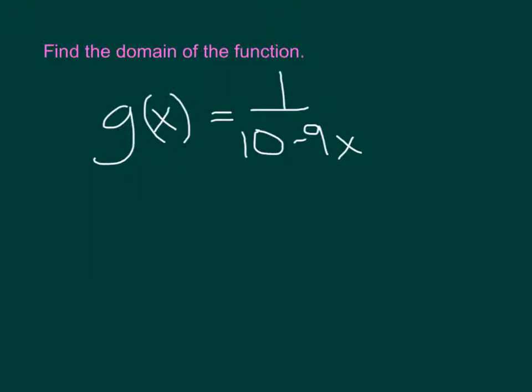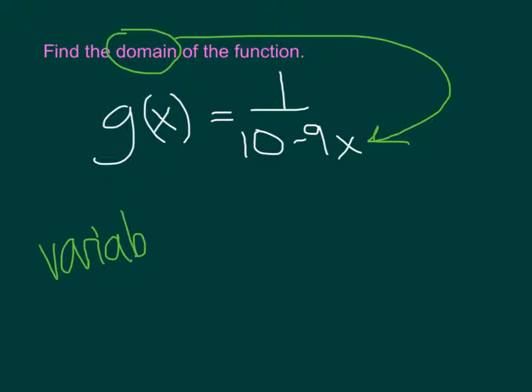And in our fourth example, g of x equals 1 over 10 minus 9x. Looking for the domain, the things that x can be, we've got a variable in the denominator. So we can't say that x is any real number because there's at least going to be one thing that x cannot be.